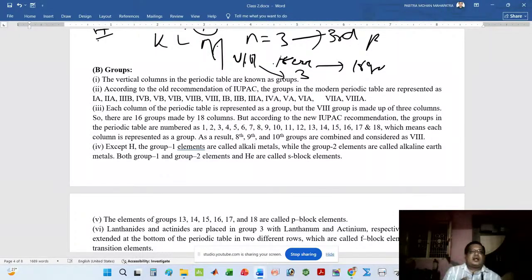Actually, as per the old recommendation, the groups are named as IA, IIA, IIIB, IVB, VB, VIB, VIIB, VIII, IB, IIB, IIIA, IVA, VA, VIA, VIIA, VIIIA.